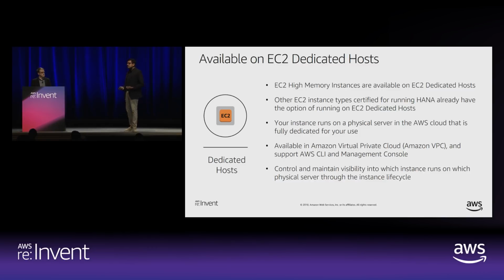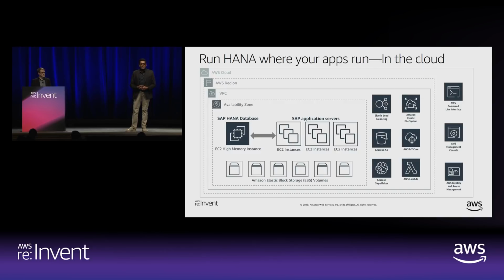So what do all of these things mean when you actually look at your overall architecture for running HANA and your broader SAP landscape? Let's take the example of running your current SAP landscape in AWS. Let's say you're already running your application servers, you already have a HANA system running, or maybe you're looking at standing up your HANA system in AWS.